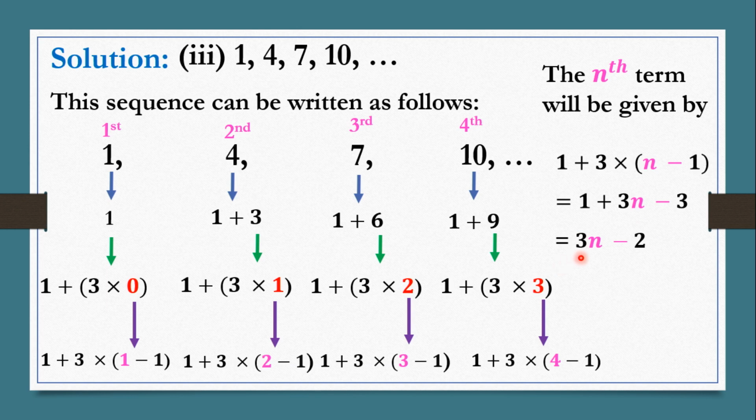Let us have a look at the fourth term. If I replace n by 4, 3 times 4 minus 2. 12 minus 2 is 10. And we can see that the fourth term was in fact 10. So this means that our answer is correct.